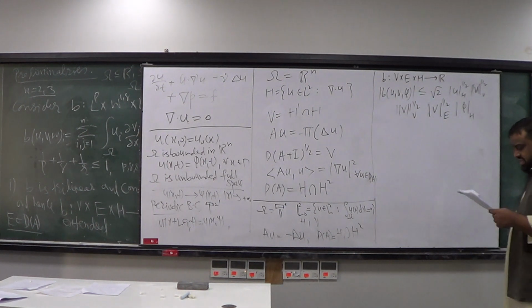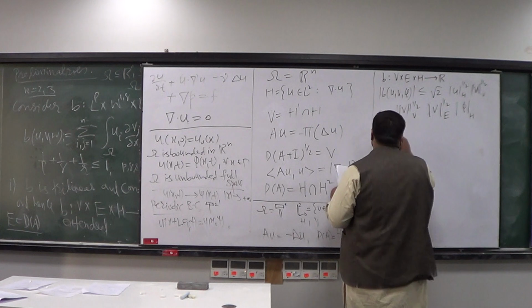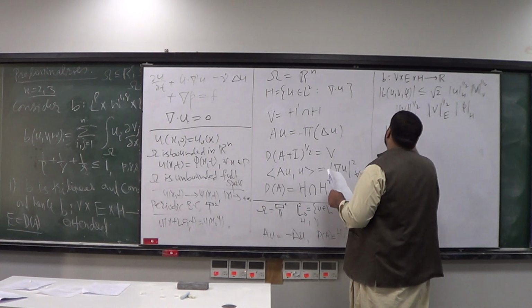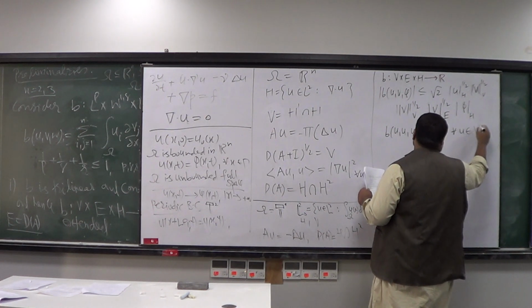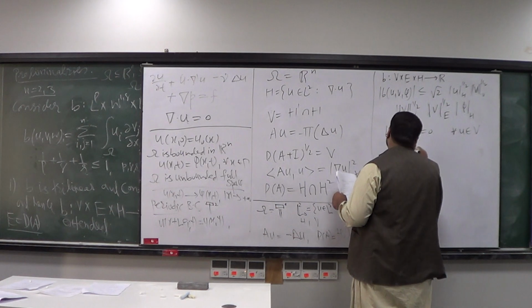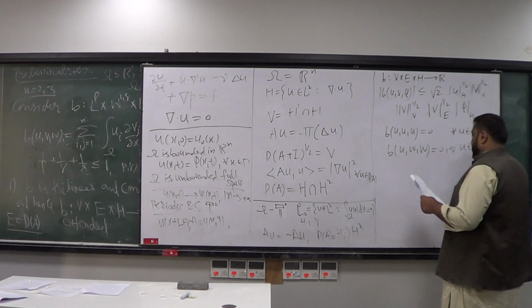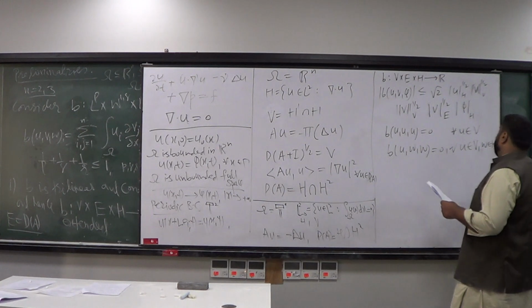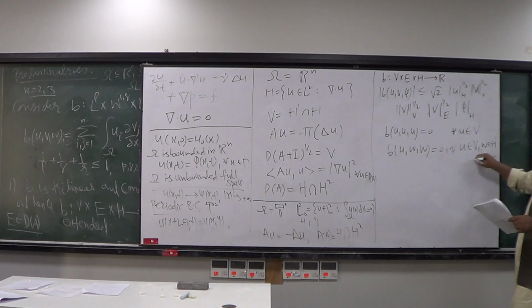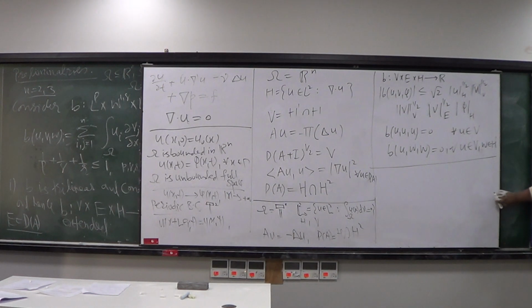Okay, so this is the key thing that I'm going to quote actually, and the property that BU is equal to 0 for all U in V, and BU W is 0 for all U in V and W in H1 actually. Okay, so these are the key properties that I'm going to use later on to do my computations and calculations.